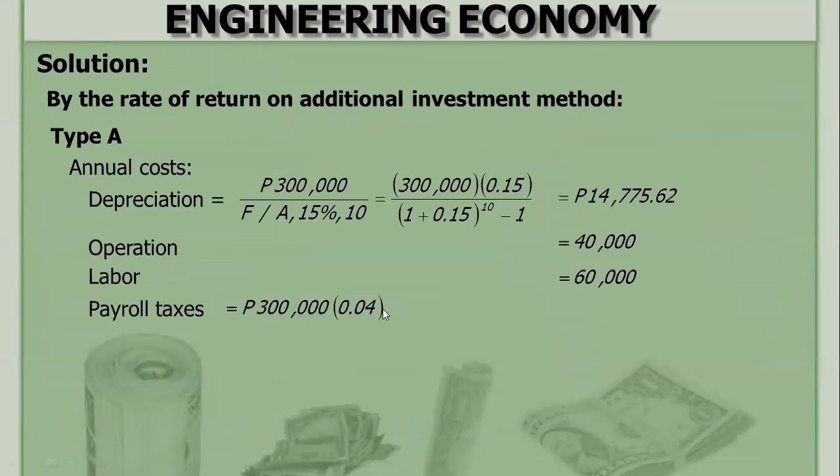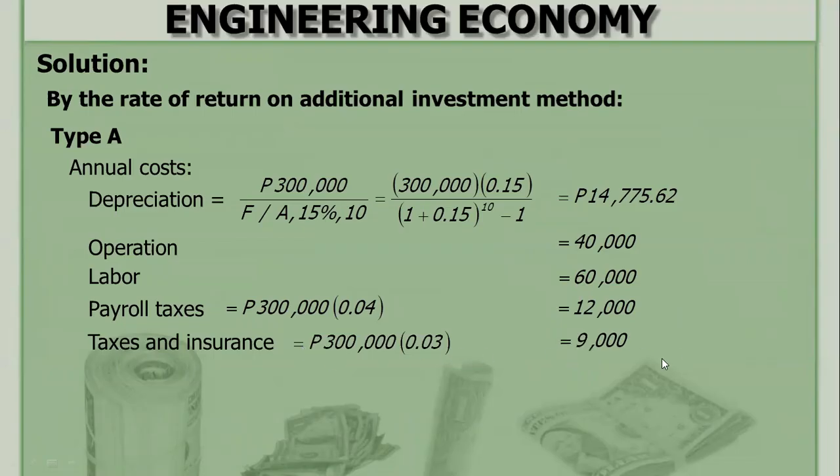So payroll is 4%, 12,000, taxes and insurance 3%, 9,000. Okay? So these are the different costs. And the annual cost for type A is this, 135,000.